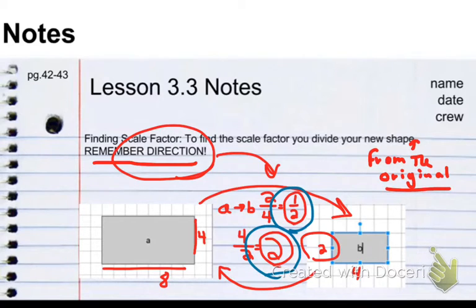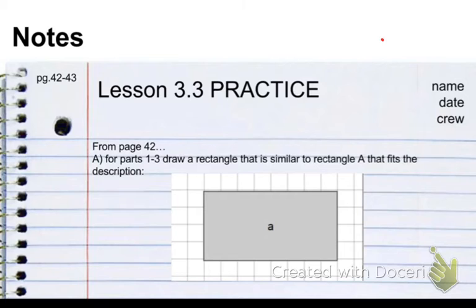So, I'm going to start now by working on the first problem in your practice. So this is actually going to be a little bit of a help on your actual coursework. So for lesson 3.3 practice, from page 42, problem A. Problem A says for parts 1 through 3, draw a rectangle that is similar to rectangle A that fits the description.